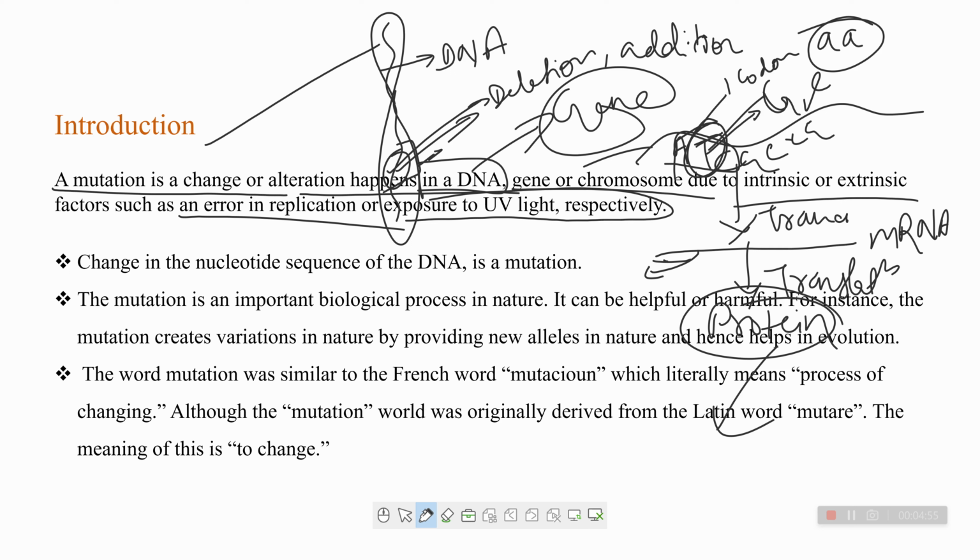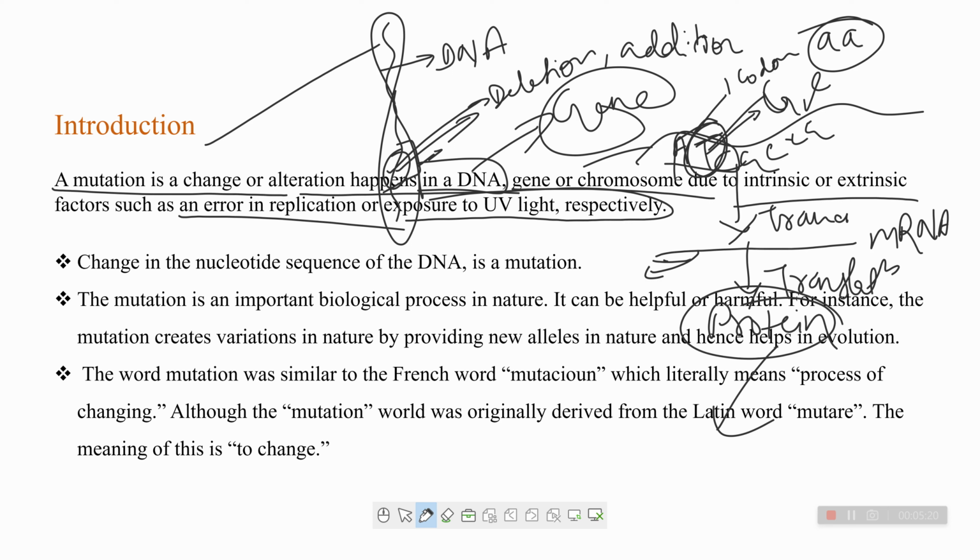So if a change occurs in one nucleotide, then the whole property of that DNA or that protein will be changed. So mutation can be helpful or harmful, both can happen through mutation.